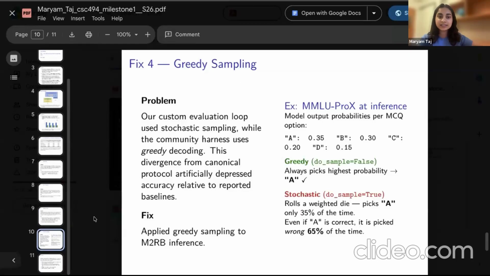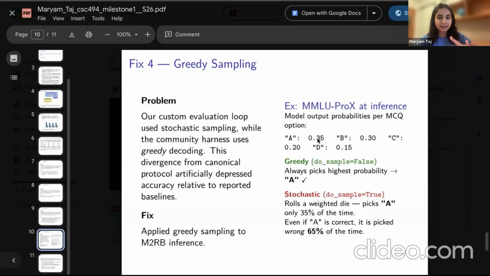And then the last fix, which was a bit harder to find, was greedy sampling. There are two types of sampling that are more common: greedy sampling and stochastic sampling. This is for any model which will output probabilities. When you do greedy, you just pick the answer that has the highest probability.